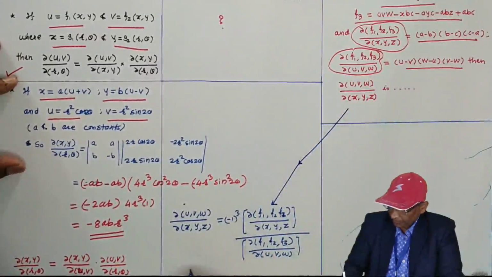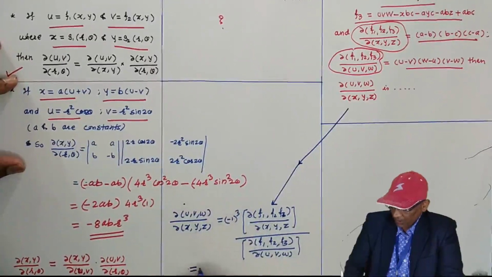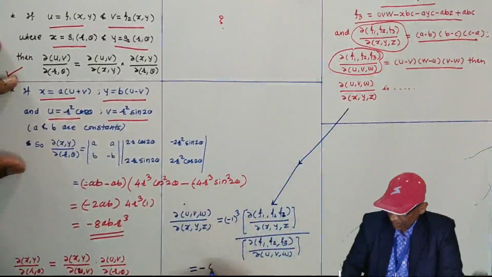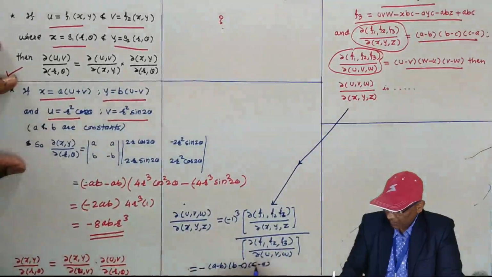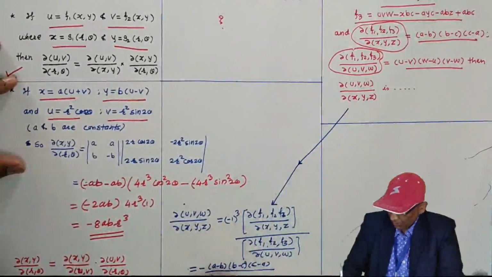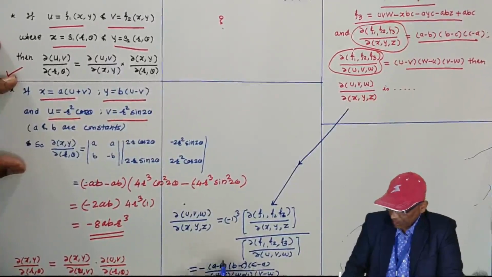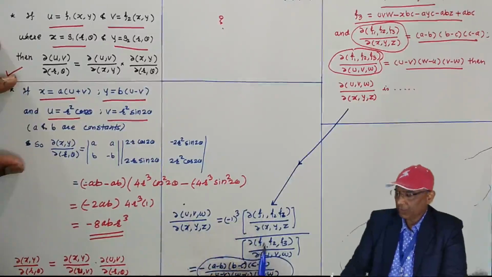Then finally the value of minus 1 to the power 3 is minus, del f1 f2 f3 by del x y z is given, is a minus b, b minus c, c minus a. It is given to you, and divided by value of this Jacobian is also given, u minus v, w minus u, and v minus w. Okay, so this is the answer, because value of Jacobians are directly given.